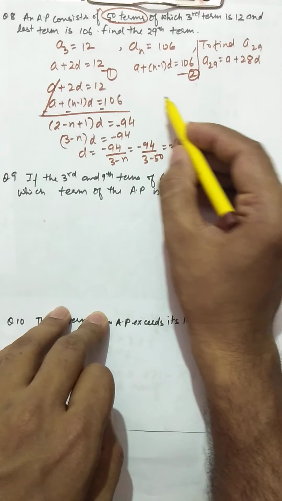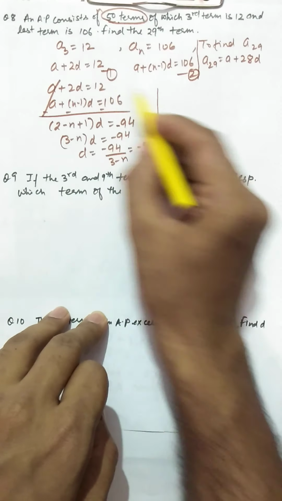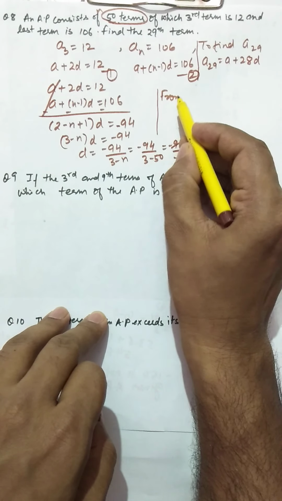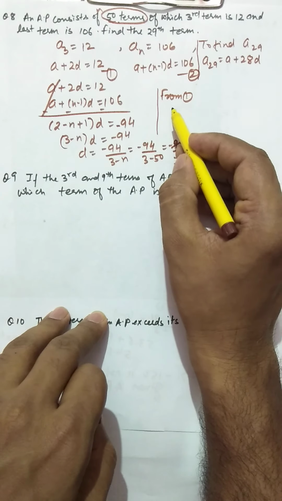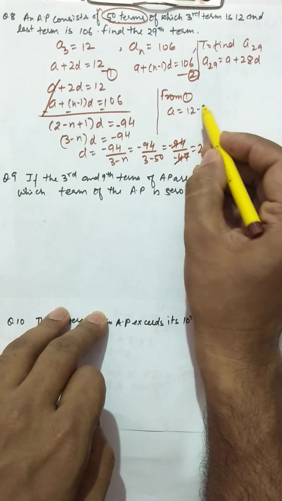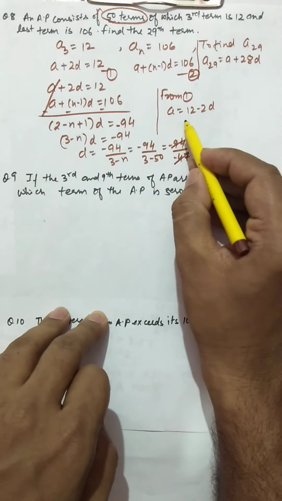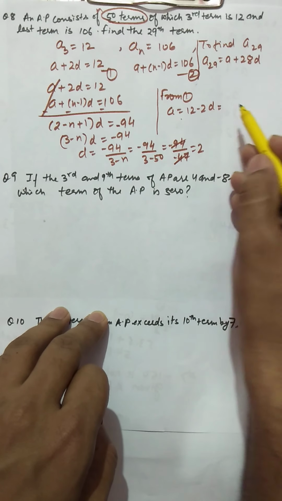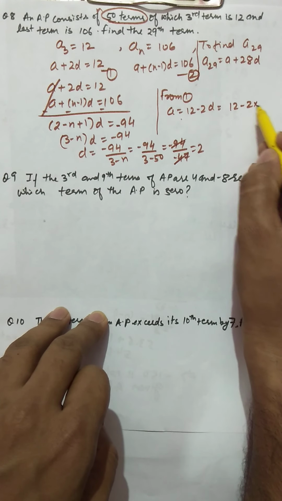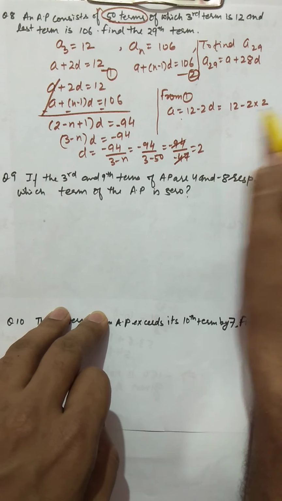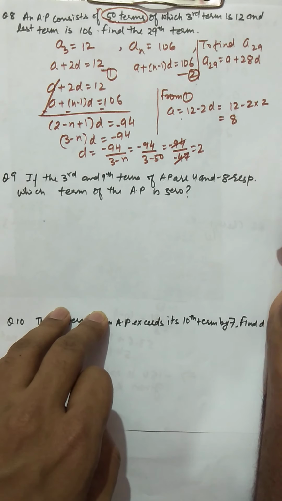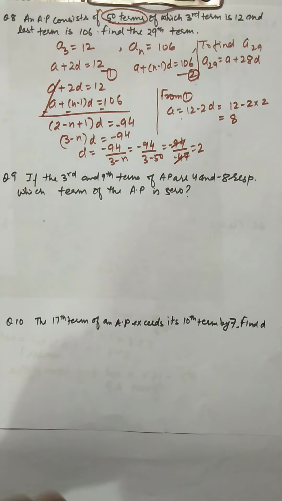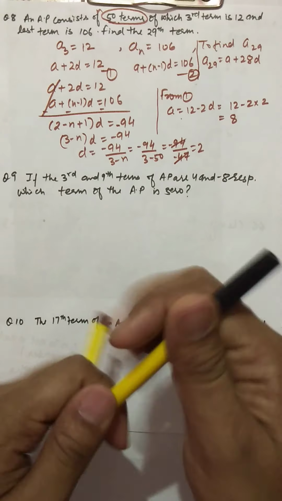Now we'll find the value of a. So from 1, a is equal to 12 minus 2d. So put the value. This is going to be 12 minus 2 into 2. So this is going to be 4 and this is going to be 8. So you have got the value of a, you have got the value of d. So now simply you substitute in this a29.